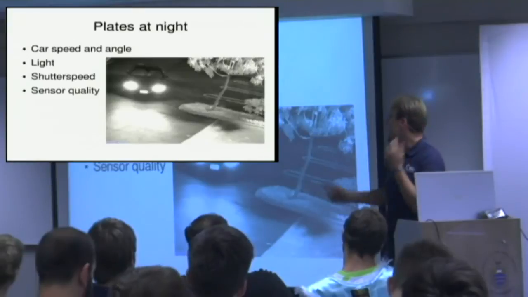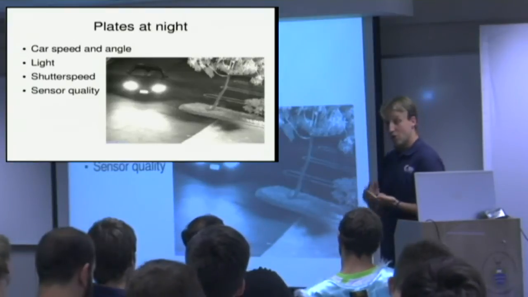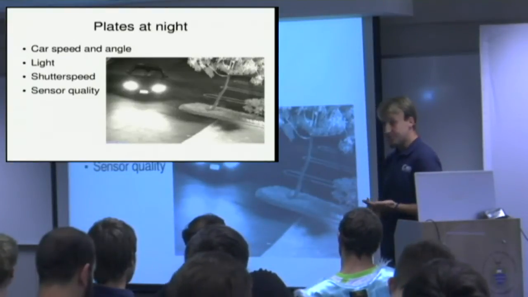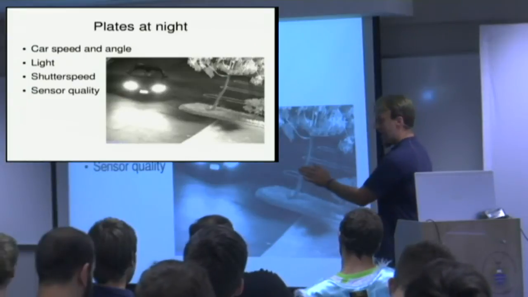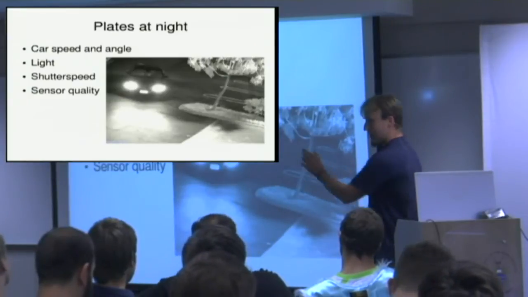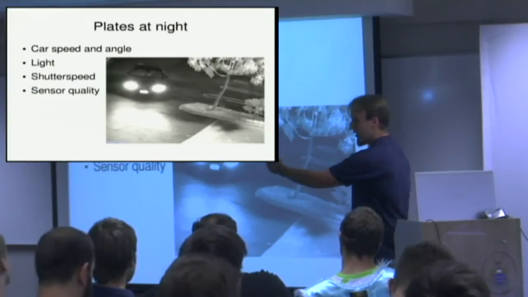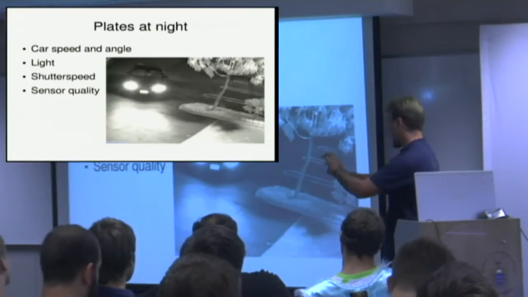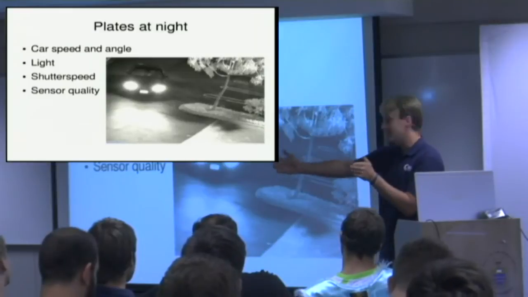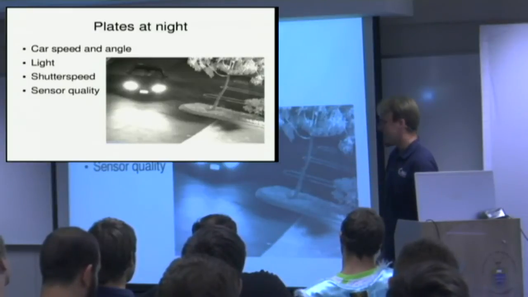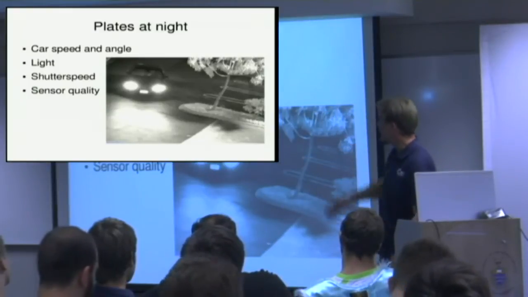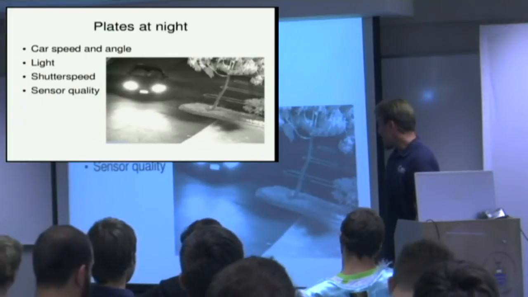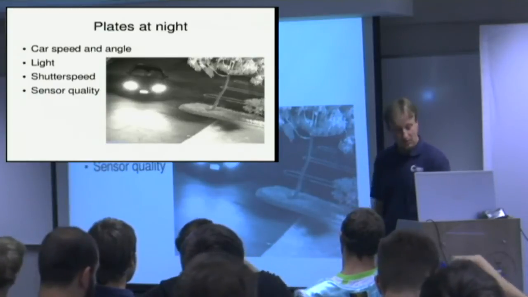So at that point, you need to take a couple of things into account: the car speed, the travel speed, the angle to the camera, which means the length of your shutter. Obviously, that time the car is going to travel, and if it travels, say, 10 centimeters, you're going to get a 10 centimeter smudged image, and that's obviously not going to work nicely because you're going to have a nice white picture. So the shutter speed and the light and the sensor quality plays a role there.